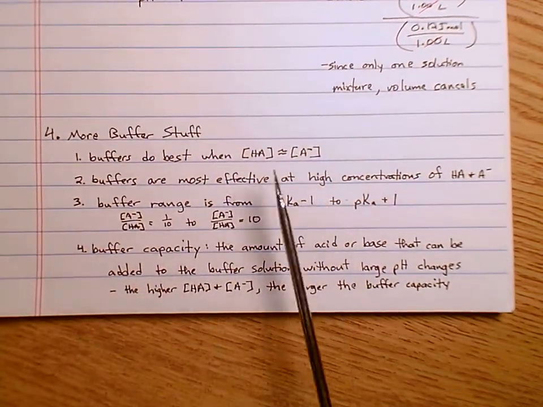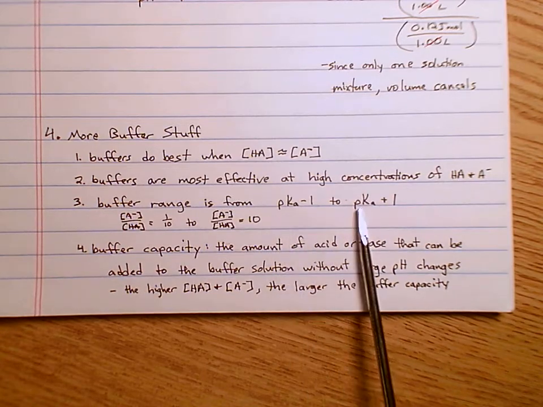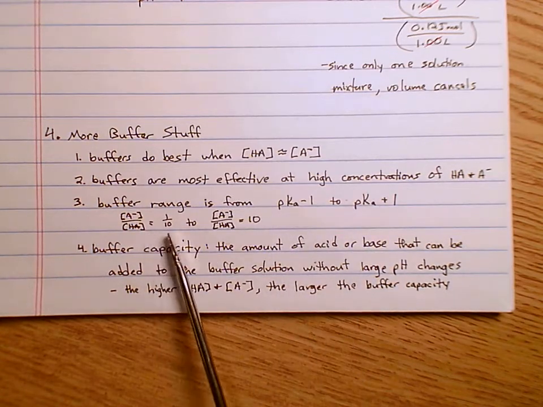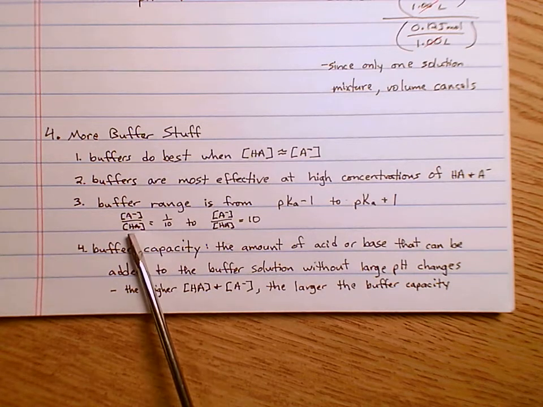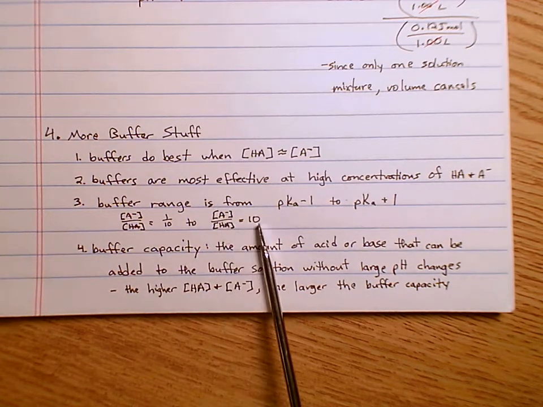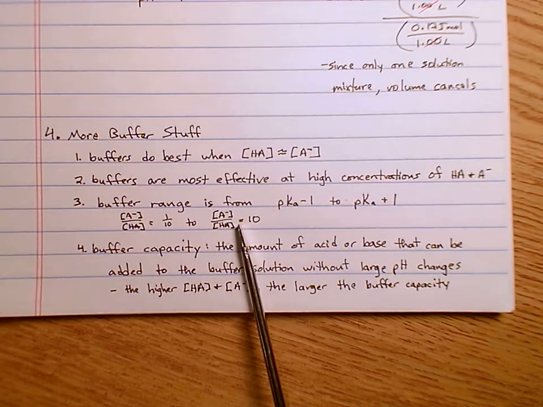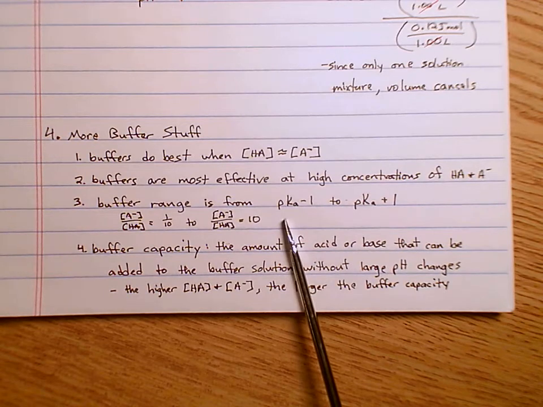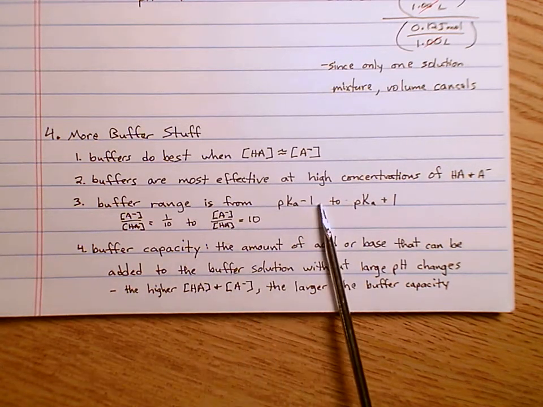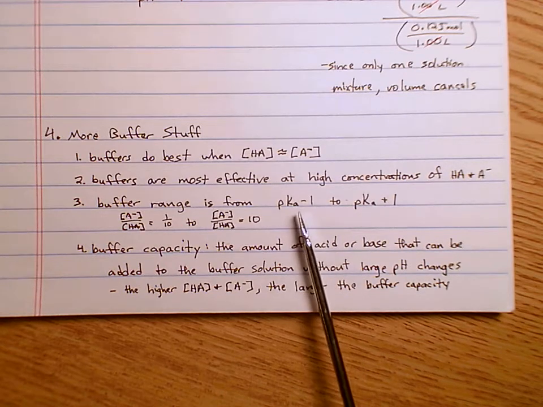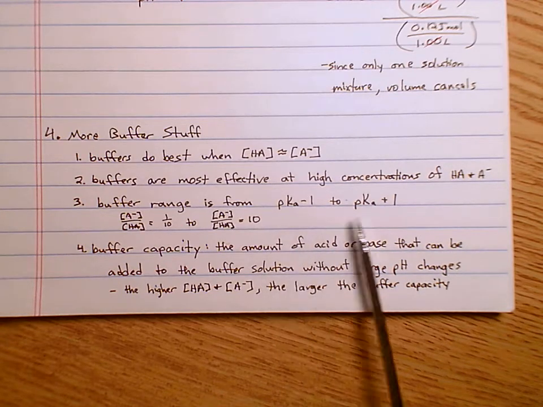But this tends to be the buffer range. In general, the concentration of A minus can be 1/10 the amount of HA, or 10 times the amount of HA, because note, pKa is a log scale, base 10 scale. So each pKa unit is 10 times more Ka value. All right.